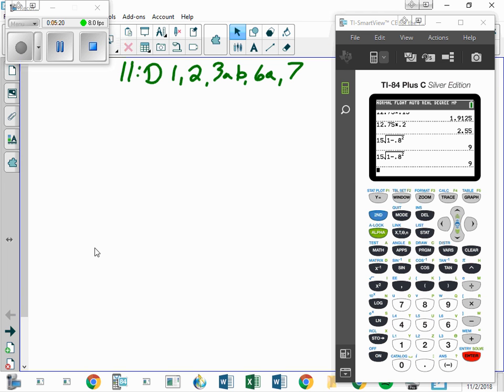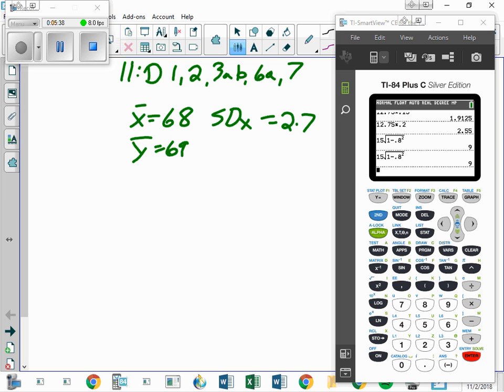Okay, 2. The data in figure 8 can be summarized as follows. X bar equals 68, SDX is 2.7, y bar is 69 with an SDY of 2.7, and r equals 0.5.